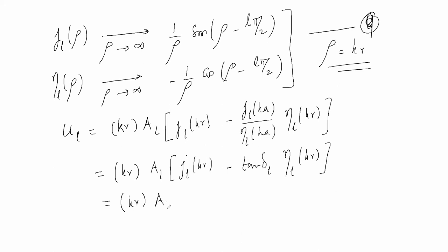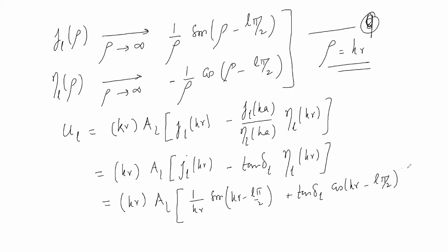A_L and J_L(kr) is 1 over kr sine (kr minus L pi by 2) minus tan delta_L, and see here, cos is coming with a negative sign, therefore this will become plus tan delta_L cos (kr minus L pi by 2).